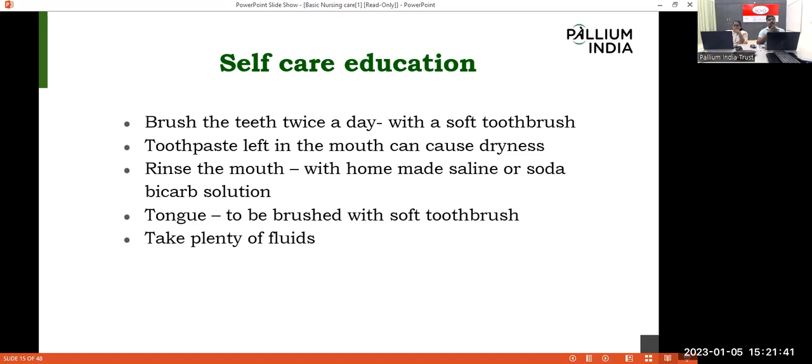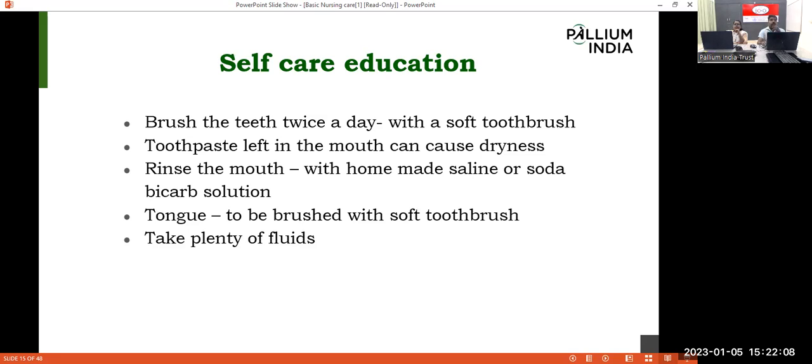If the homemade saline or sodium bicarbonate solution is needed, we can promote them to rinse the mouth in between, 3 times or 4 times daily, according to the scenario. Then for tongue cleaning, the same soft toothbrush only they can use for brushing the tongue also.